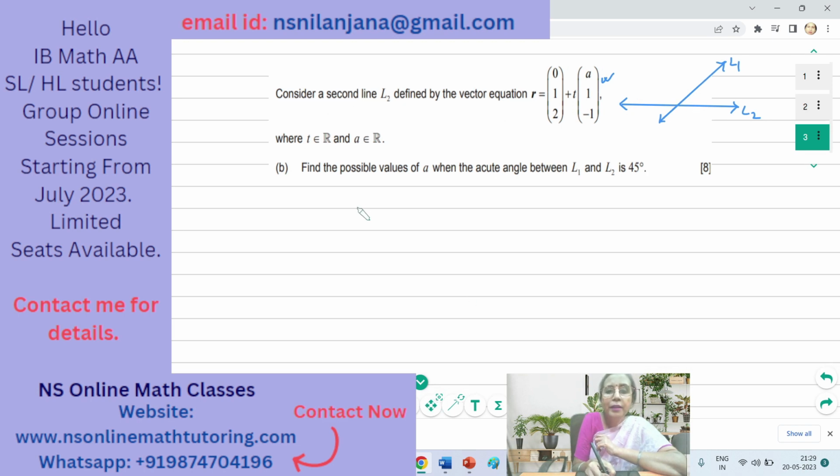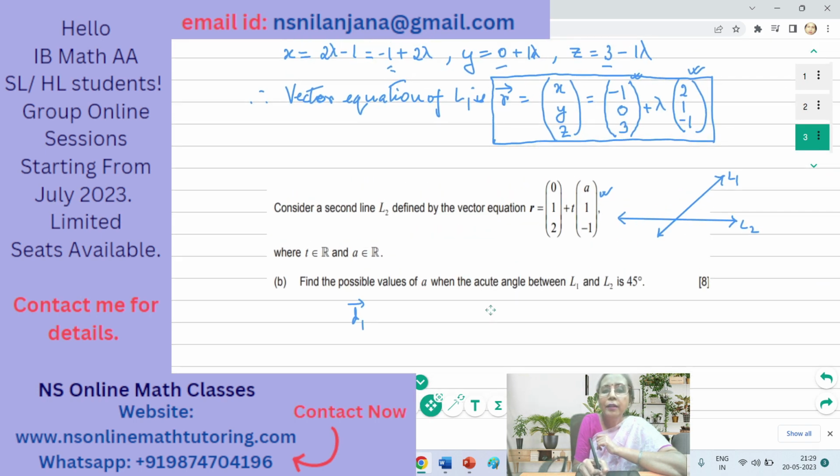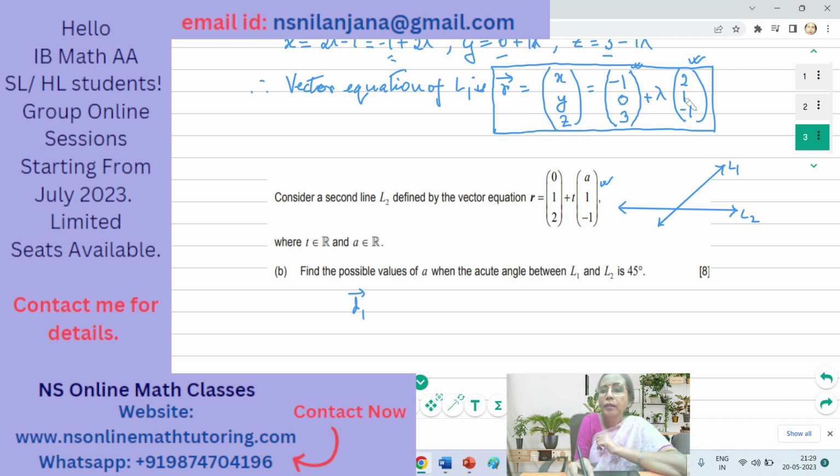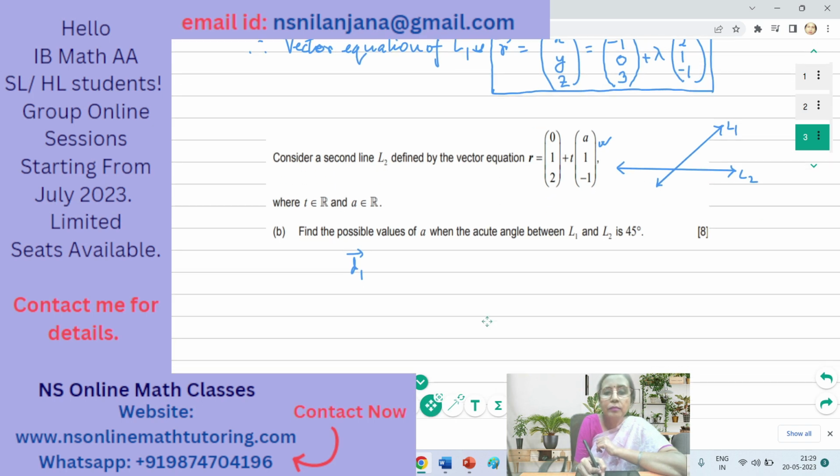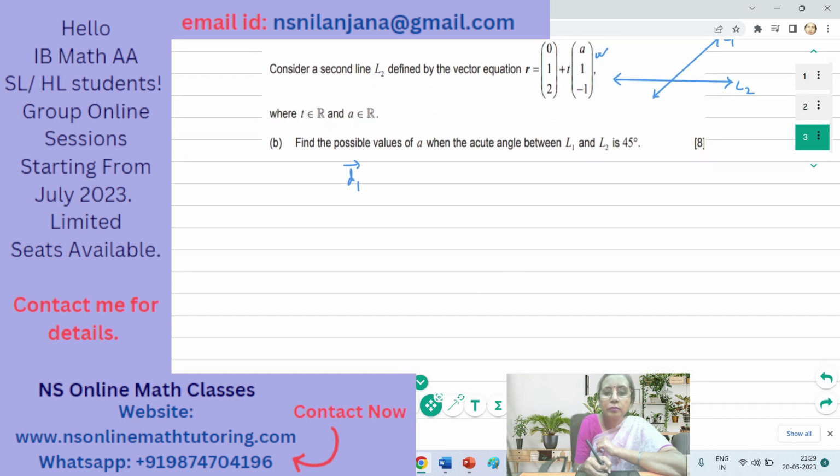So let me write the direction vector of the line L1 again: (2, 1, -1). And the direction vector of the line L2, I am taking d2, is (a, 1, -1).